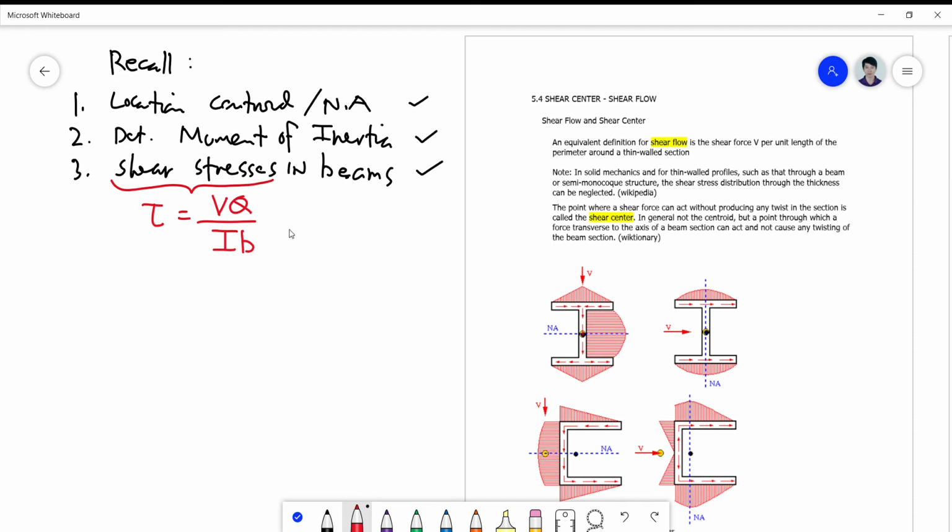So this reference formula is now applied on plate elements, and all we need to do is to come up with the same formula for VQ over I, but this time instead of having a B there, we will be making use of the t to represent the thickness of the plate.